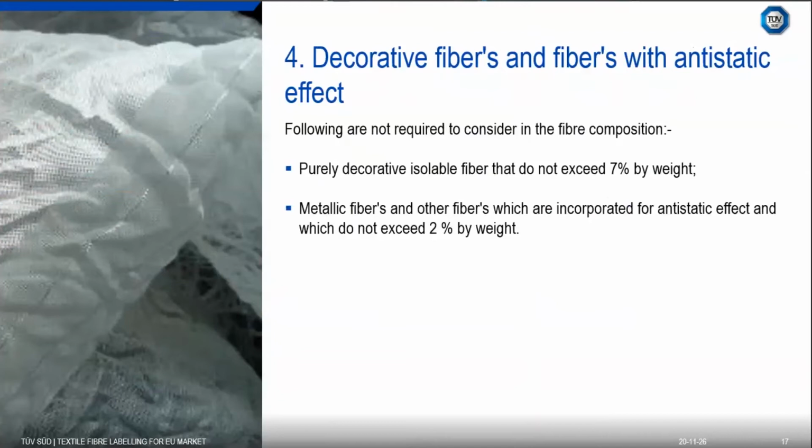If a fabric is made up of 100% polyester and, let's say, 1.5% metallic fiber is added for anti-static effect, this fabric can still be labeled as 100% polyester, because the metallic fiber used for the anti-static effect can be excluded as it is present at less than 2% by weight.